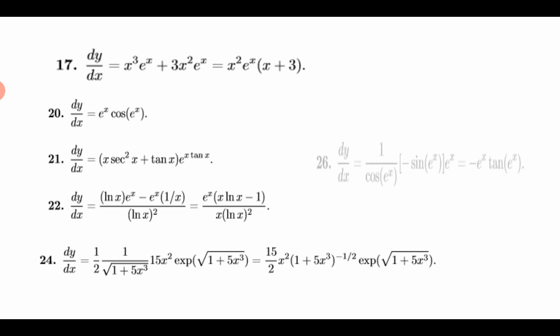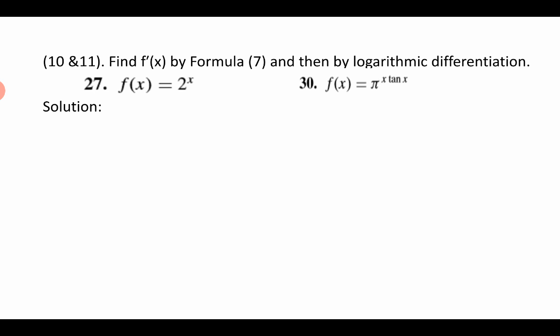Let's see some other problems. These are the solutions of those problems. Now find dy by dx, that is f dash of x, by formula 7, and then by logarithmic differentiation. Actually by formula 7, what do I mean by formula 7?